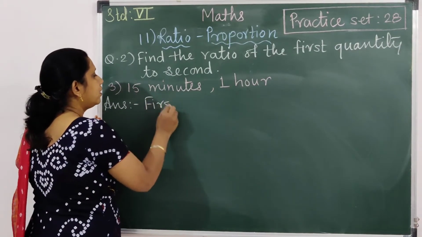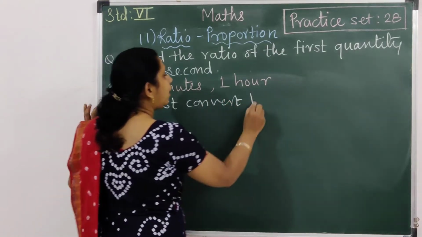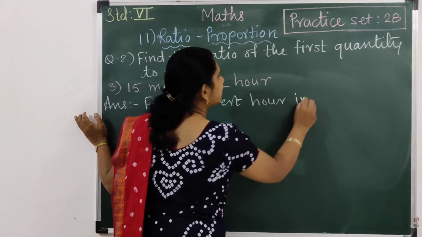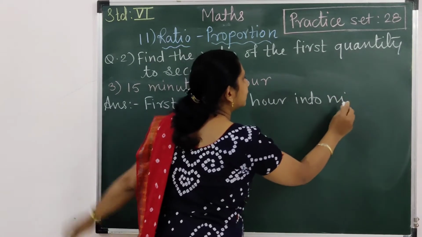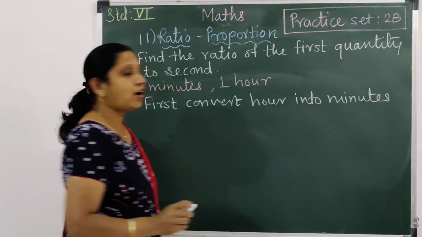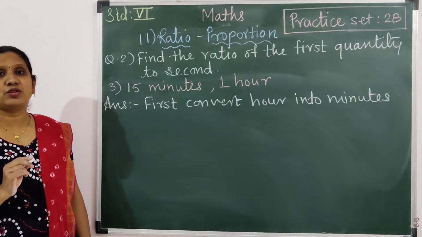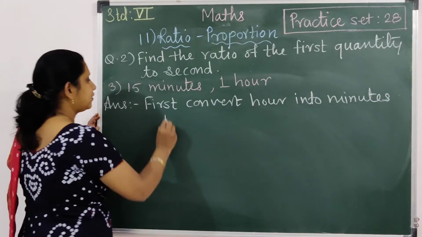So first let us convert hour into minutes. As you all know very well, 1 hour is equal to 60 minutes.